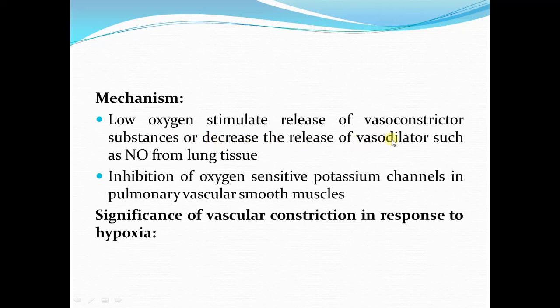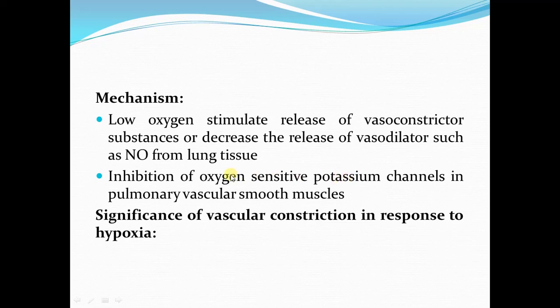So decreased release of vasodilators will cause vasoconstriction. Or there is another mechanism, that there is inhibition of the oxygen sensitive potassium channels in response to low PO2 in the alveolar air.